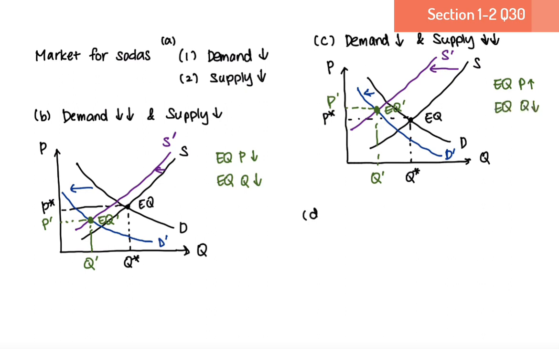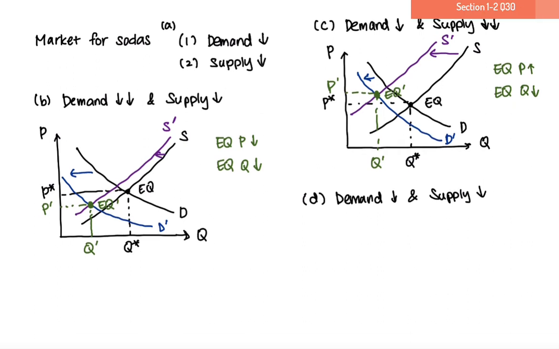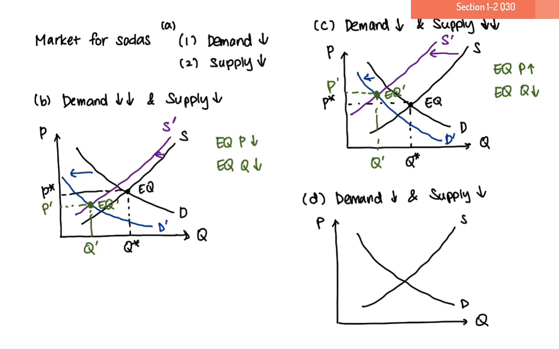In part D, again, we're doing the same exercise, except that we're assuming that the fall in demand and supply happened in equal amounts. Again, starting with drawing our axes with quantity on the x-axis, price on the y-axis, downward sloping demand curve, upward sloping supply curve, where those two meet is our equilibrium.